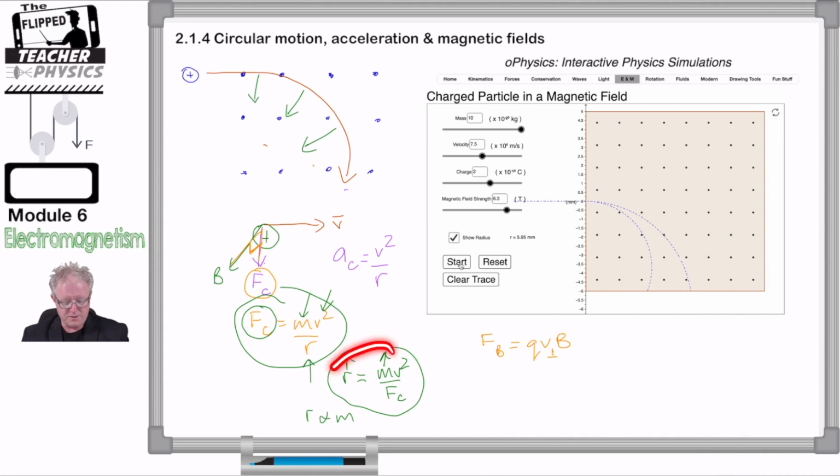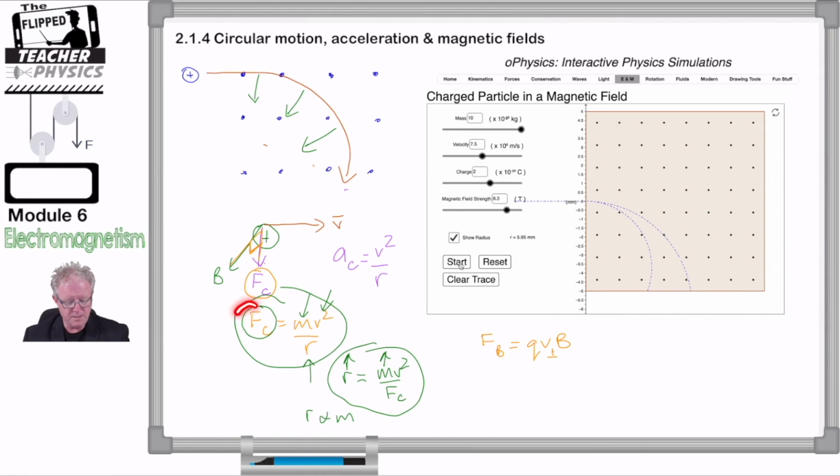Alright, so that makes sense for that equation there, but if we look at the other equation, this one here, that relationship is not the same, right? Let me explain. Here in this bottom one we said as R increases, mass increases, and we saw that with the applet there, right?